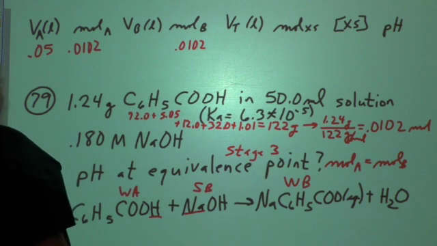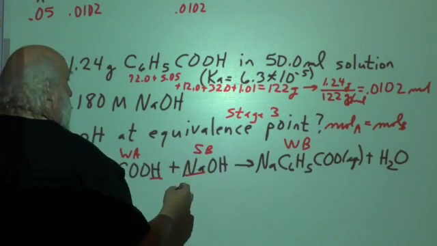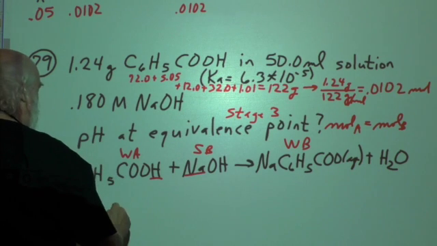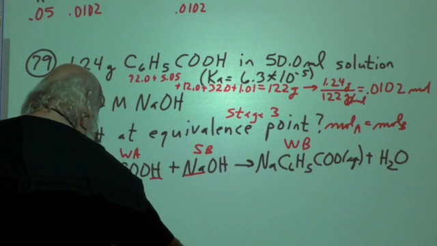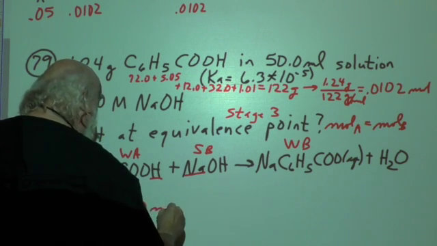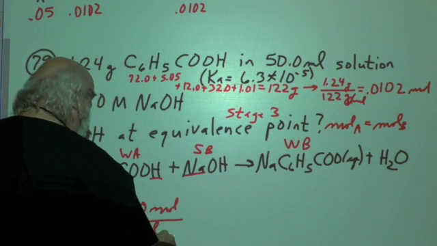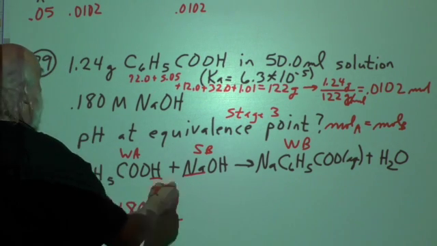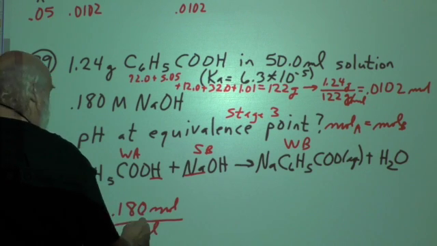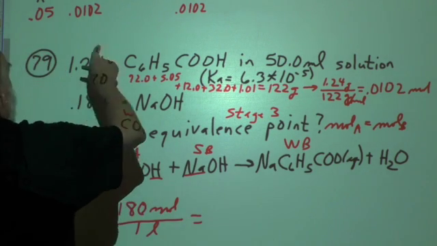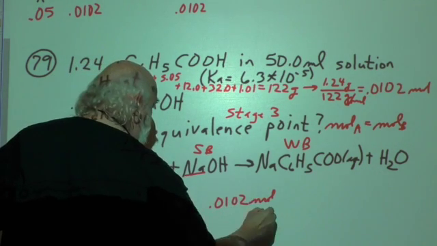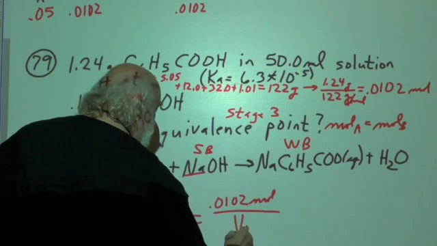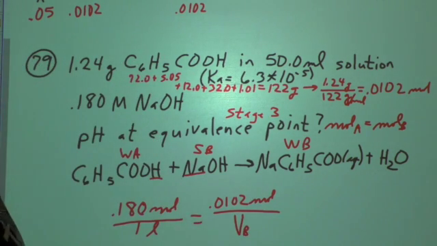Well, it turns out that if I know that my concentration is 0.180 moles per liter of base, and I know that for 1 liter I have 0.0102 moles, then I can find out my volume of the base in liters by cross multiplying and dividing.